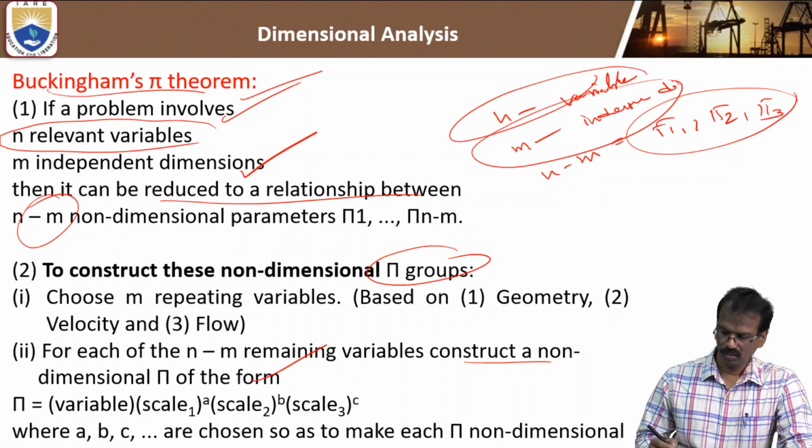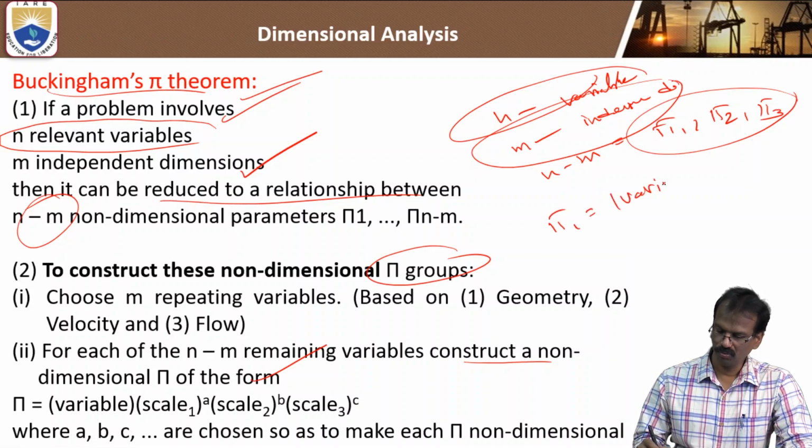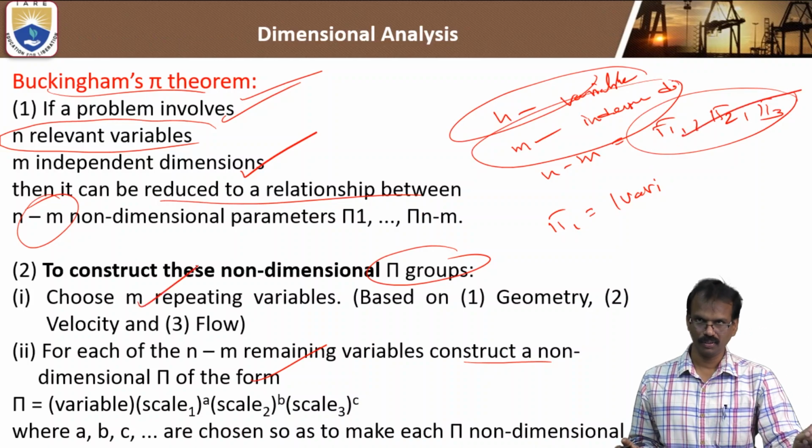Pi 1 is equal to, first we see the remaining variable, that is, the variables except the m repeating variables.